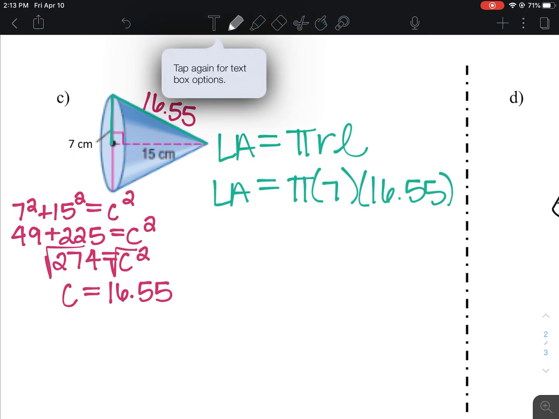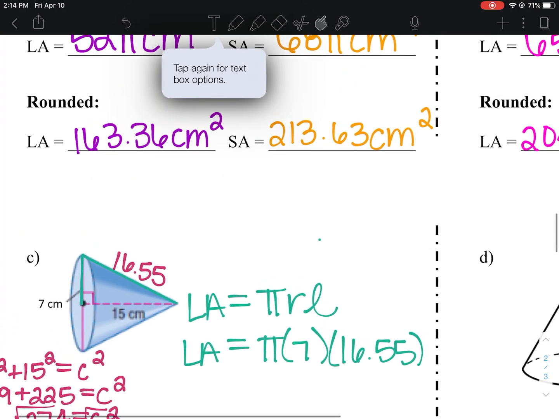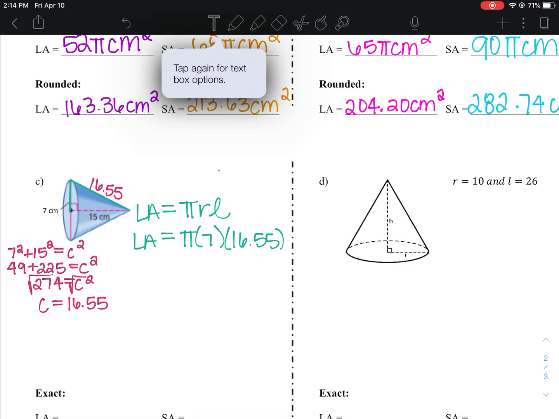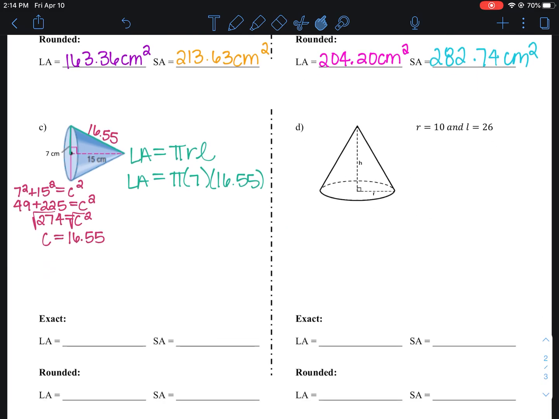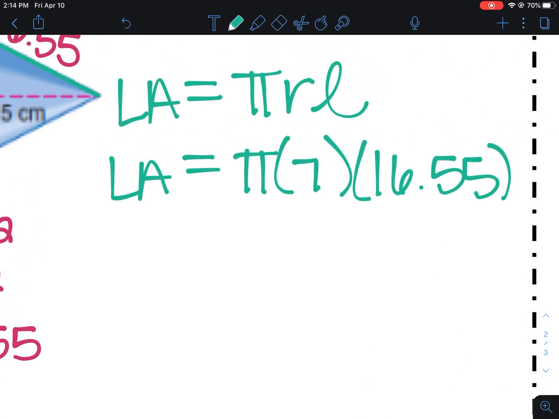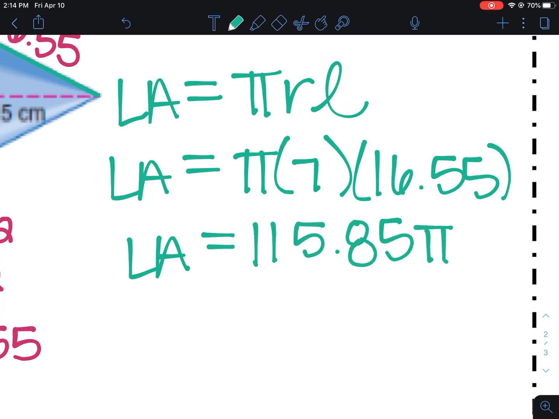Okay, so let's type this in our calculator. Just do the 7 times 16.55. That is 115.85 pi centimeters squared.